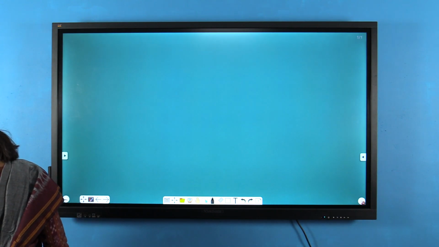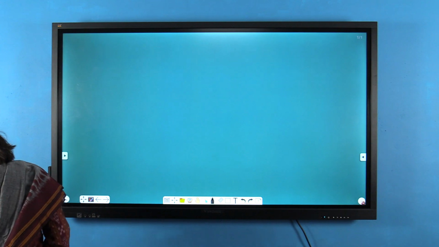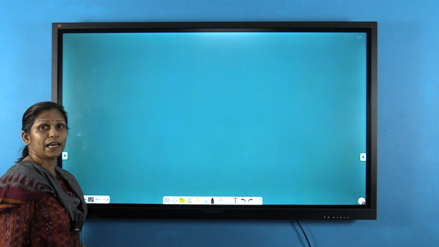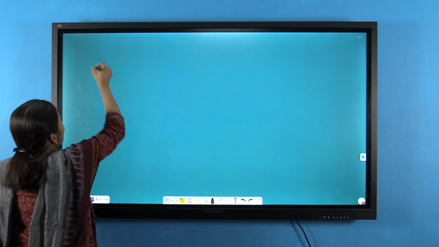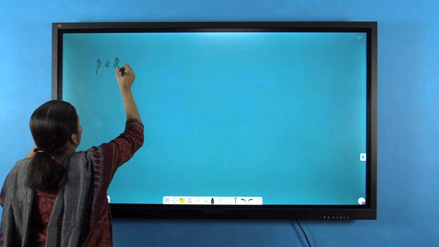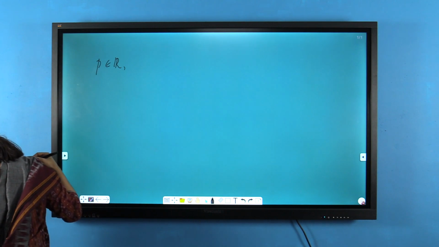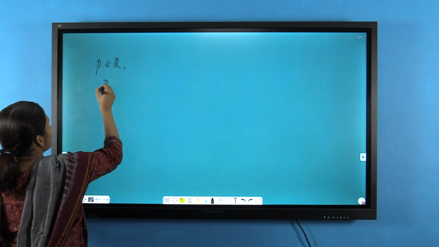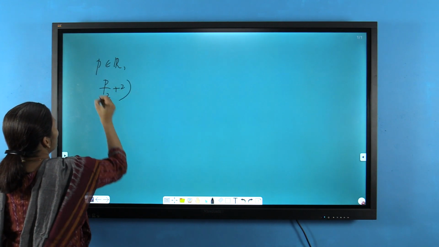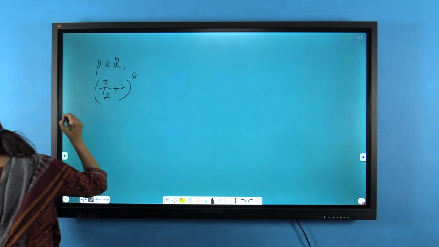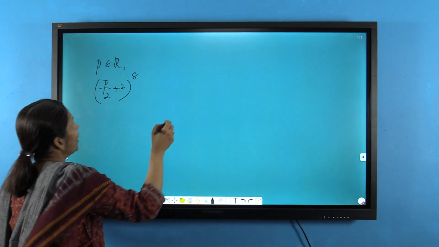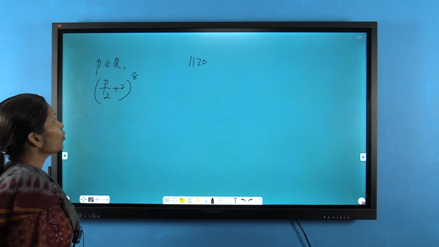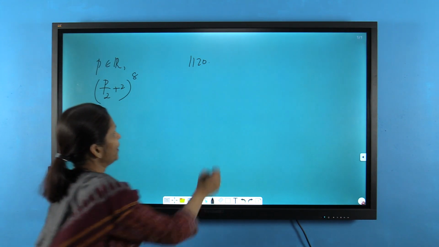Now, the next one. If p is a real number, and if the middle term of (p by 2 plus 2) the whole raised to 8 is 1120, find the value of p.